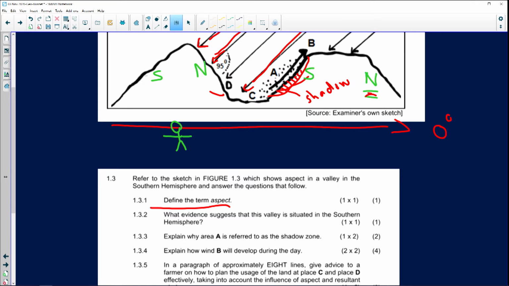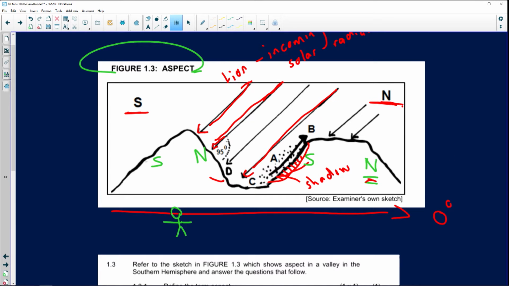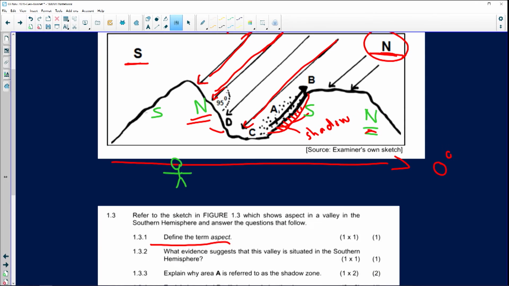But let's quickly have a look at the next question. We defined the term aspect. 1.3.2: what evidence suggests that this valley is situated in the southern hemisphere? Simply because the north-facing slope, this is the north-facing slope, receives direct insolation.